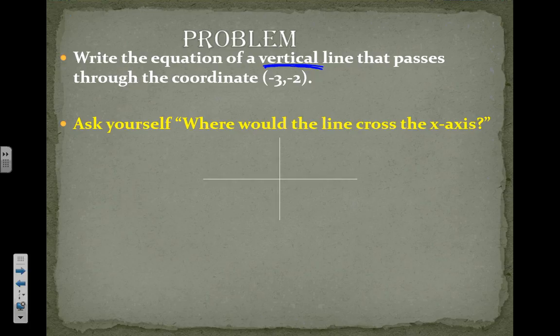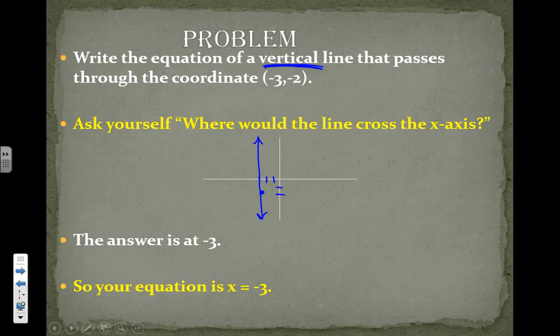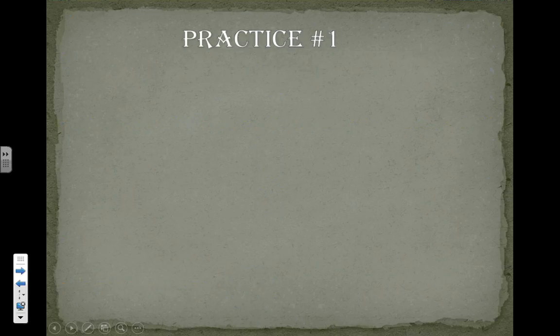If I have the point at -3, -2, and I drew a vertical line through that point, I would see that that line would cross the x-axis at -3, meaning my equation should be x equals -3. And again, this can all be done without doing a sketch at all if you know that every time we're dealing with vertical lines, we're really just concerned about the x value, because the y values will change infinitely. That x value is going to be the same all the way through your vertical line.